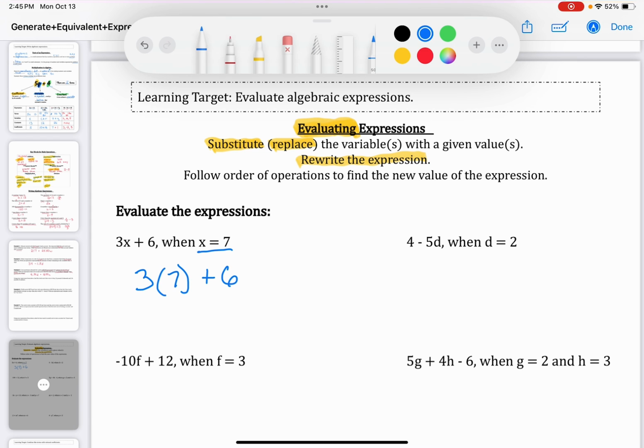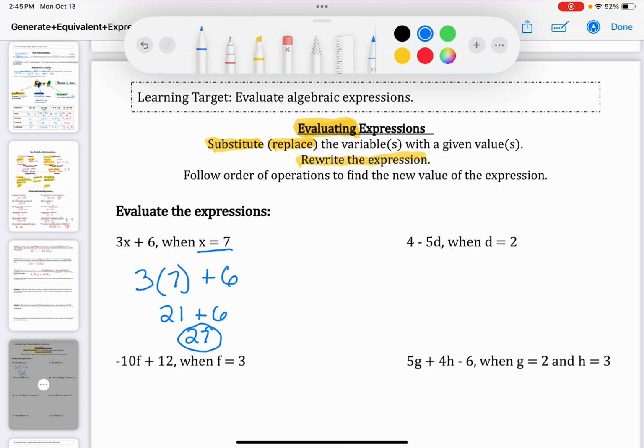So that's what I mean by rewrite it. I'm putting 7 in the place of x, and I'm putting it inside of parentheses because if I put 3 and then 7, I might mistake that for 37. We don't want that. So 3 times 7 is 21. 21 plus 6 is 27.